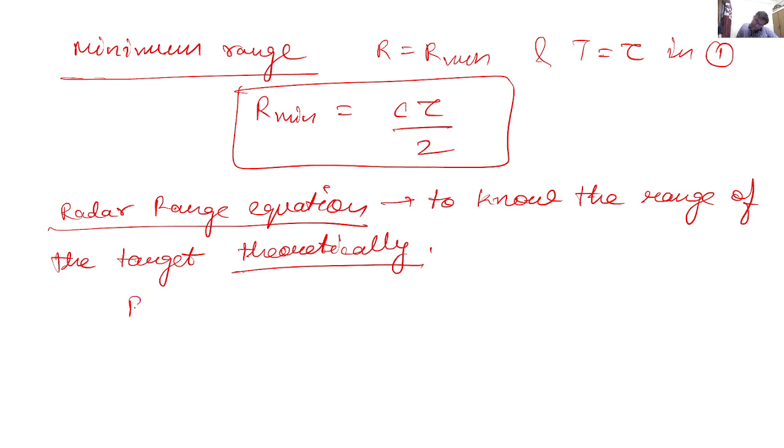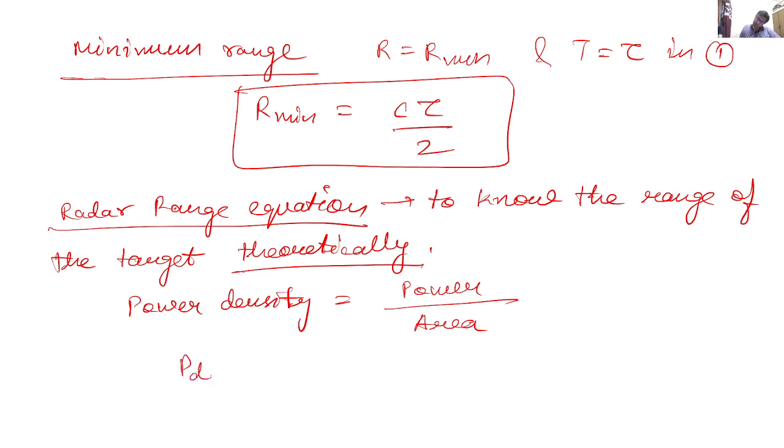So power density is equal to power by area. Let us denote it like this: PD is total transmitted power by area, 4 pi r square.